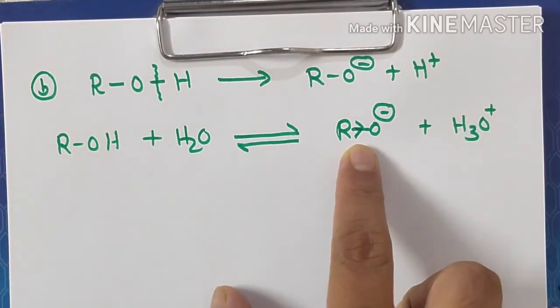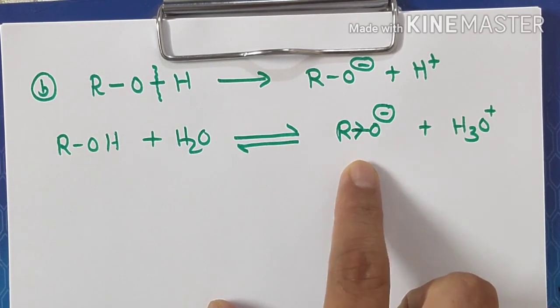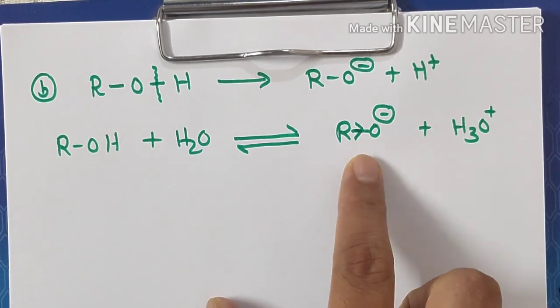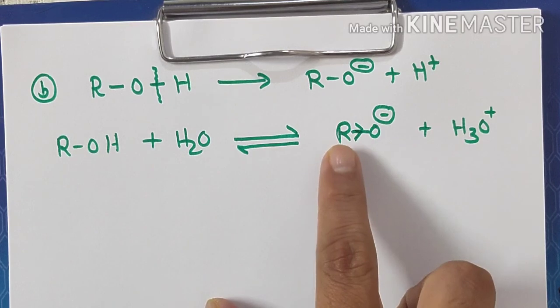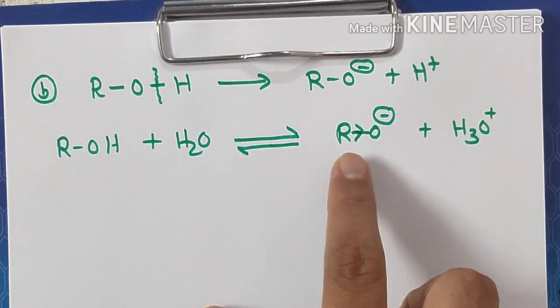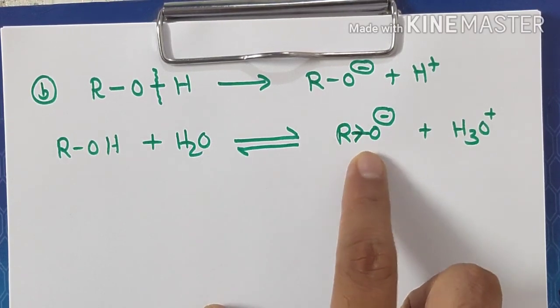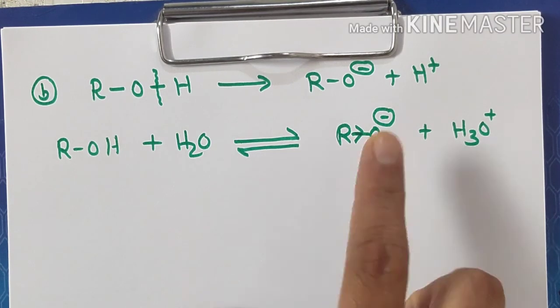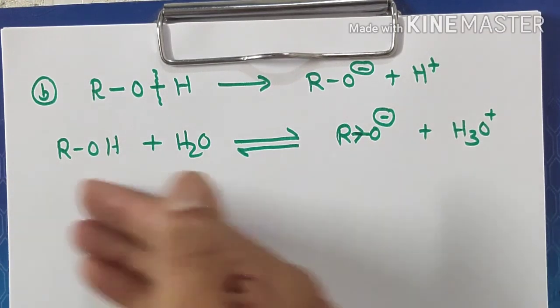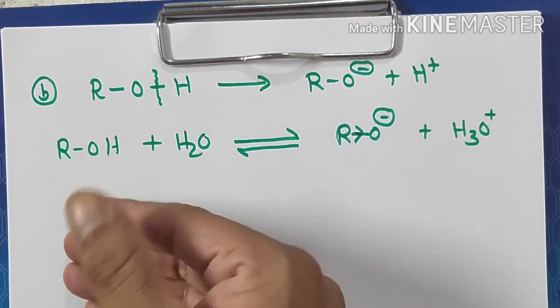This negative charge makes this unstable, because R also provides electrons to the oxygen, which makes it unstable. So that's why it is unstable, and that's why the reaction moves backward.